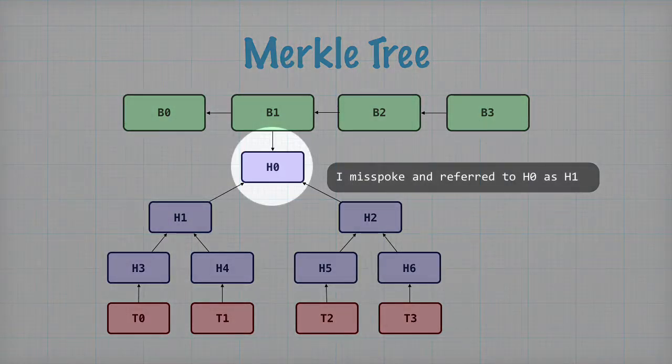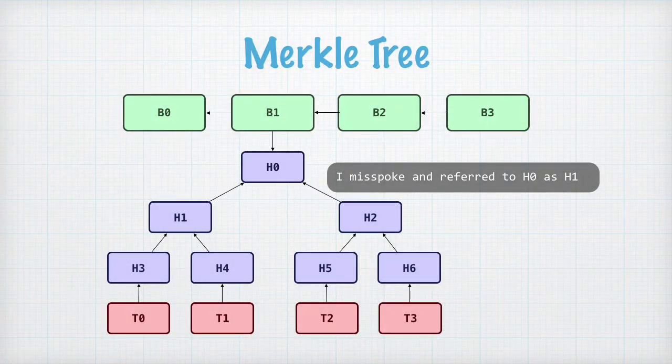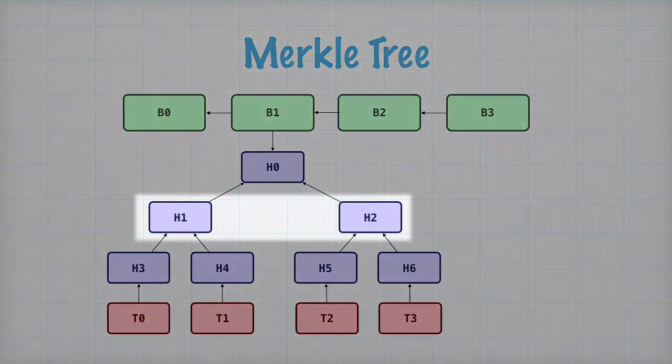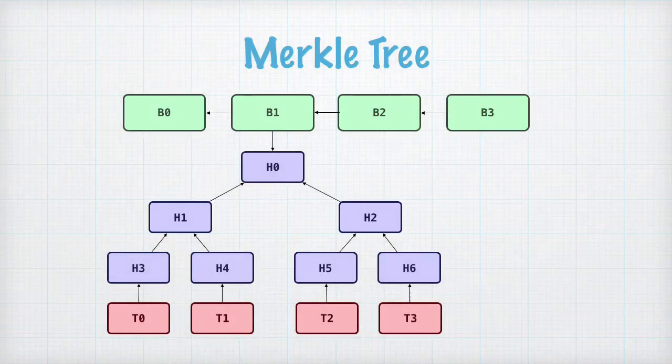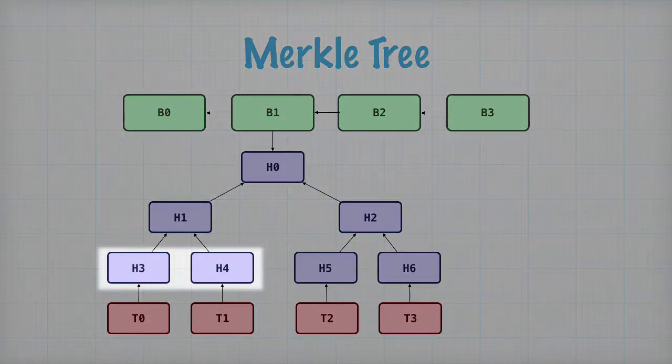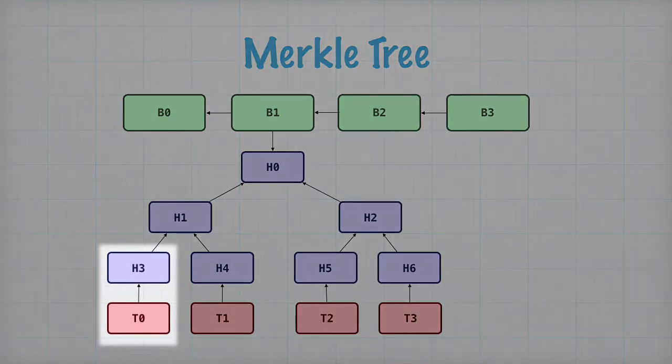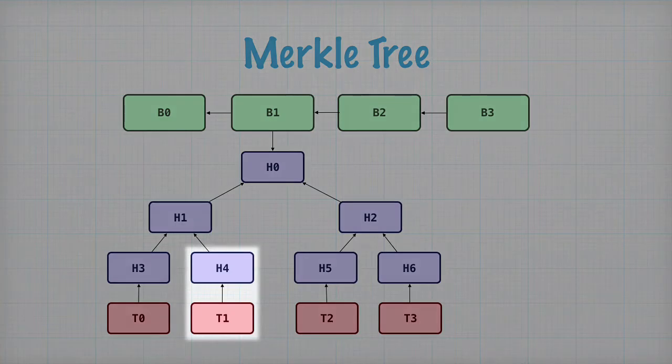And this hash is created by a tree, so you can see that the H0 hash, which is stored in B1 in this case, is created by concatenating hash H1 and H2 and then hashing that. And H1 again is created by concatenating H3 and H4 and hashing that. And then H3 is a hash of transaction T0 and H4 is a hash of transaction T1 and so on.